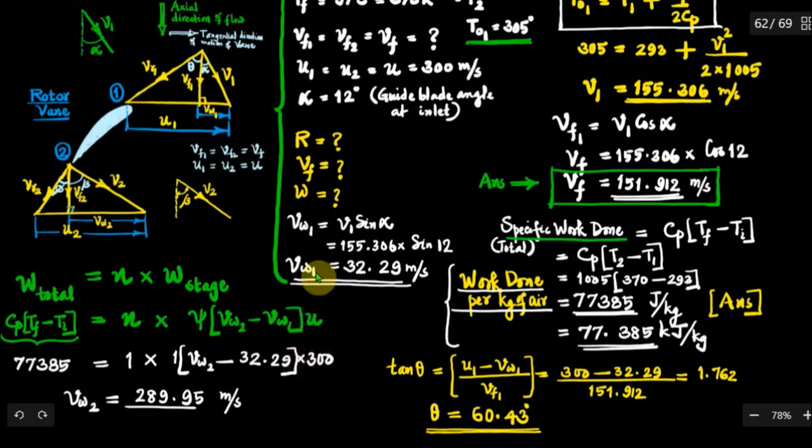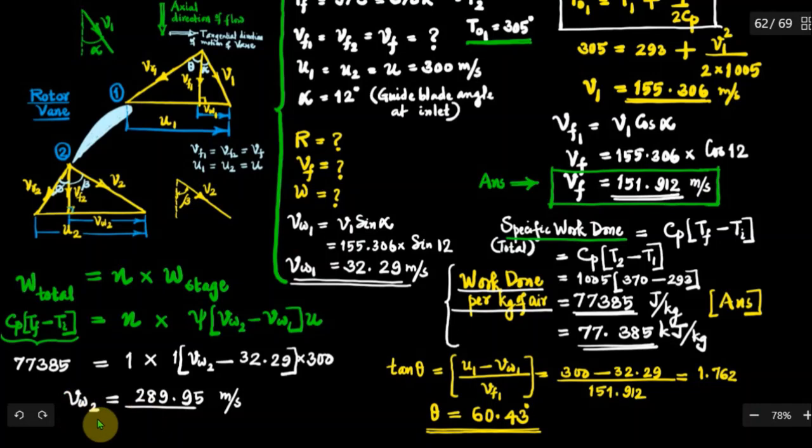So U1 is equal to U2 is equal to U, you know that. So you substitute U is equal to 300 here. Apart from VW2, the rest of these quantities are known. So here you can get VW2. Substitute all these values, then substitute VW2. Please verify this numerical calculation. So VW2, you will get 289.95 meter per second.